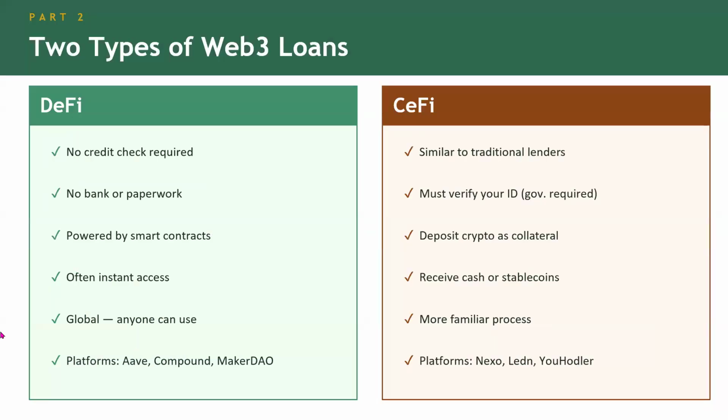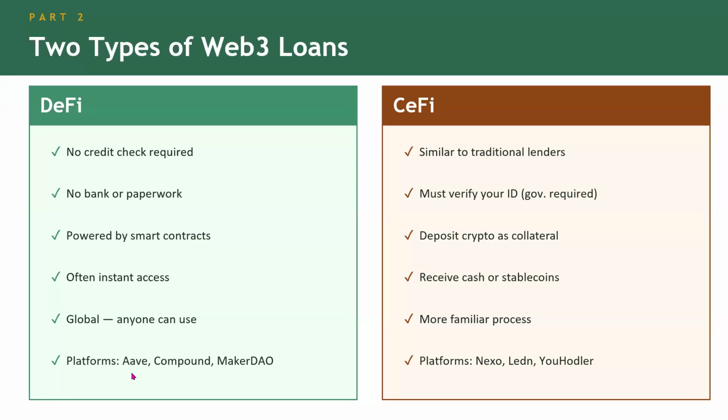So let's talk about the types of web loans. This is part two. First, we have DeFi. DeFi is no more than decentralized finance. With decentralized finance, we have no credit check, no bank or paperwork, it's powered by smart contracts, often with instant access. Global, anyone can use it.